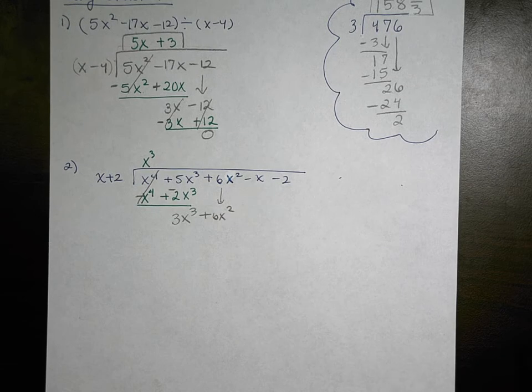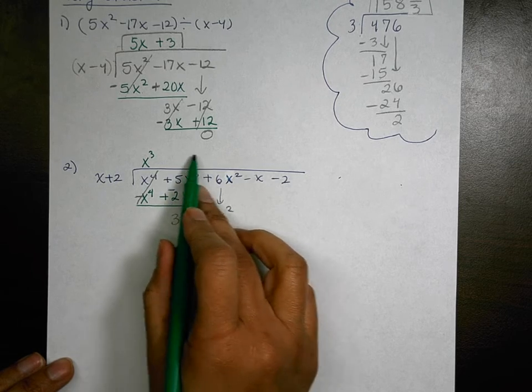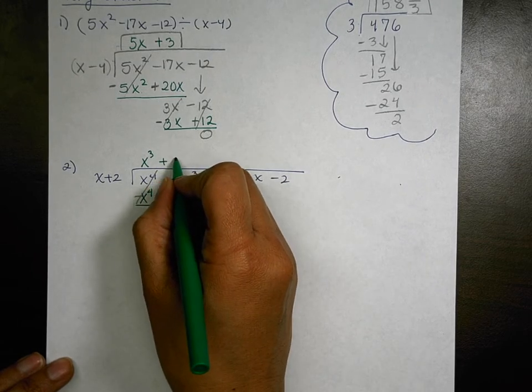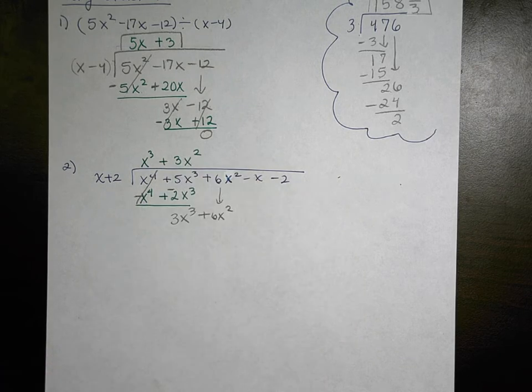What did you guys get as your next number up here? Plus 3x squared? Does everybody agree? Yes? Did anybody get confused with this next step?